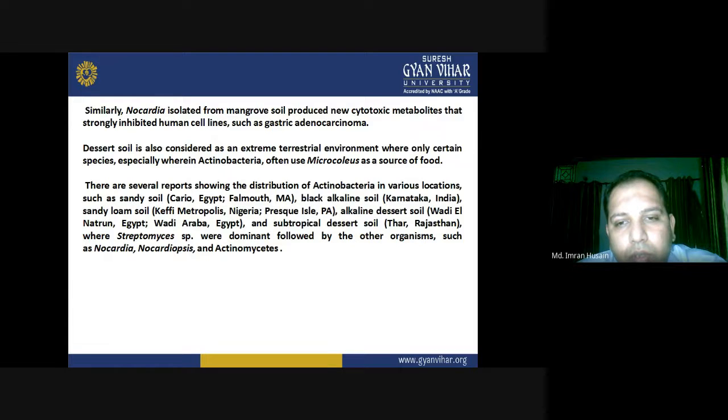Several reports show distribution of actinobacteria in various locations, such as sandy soil in Cairo, Egypt, black alkaline soil of Karnataka, India, sandy loam soil in Nigeria, alkaline desert soil in Wadi al Natron and Wadi Arba in Egypt, and subtropical desert soil in Thar, Rajasthan, where Streptomyces species were dominant, followed by other organisms such as Nocardia, Nocardiopsis, and Actinomyces.